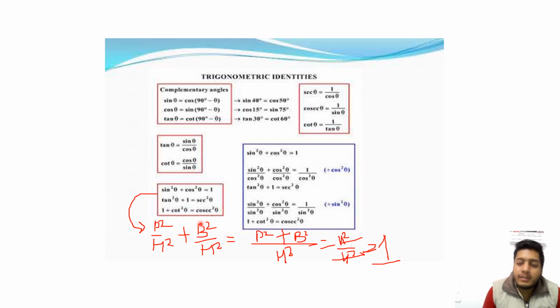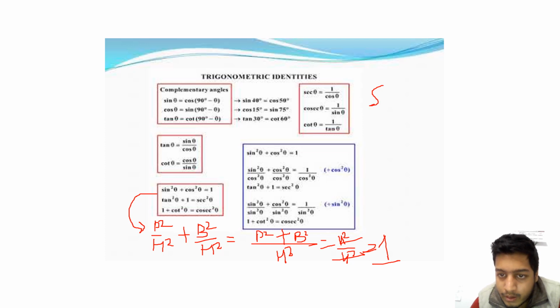So you can prove these identities by taking in view the triangle shown in the previous slide. Also, I can write it for you here: sec theta is equal to hypotenuse upon base.